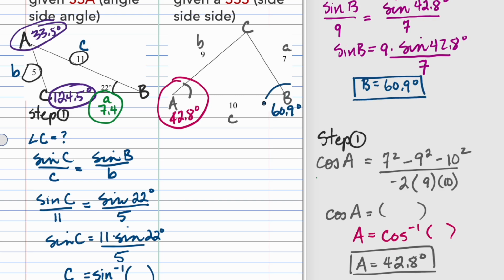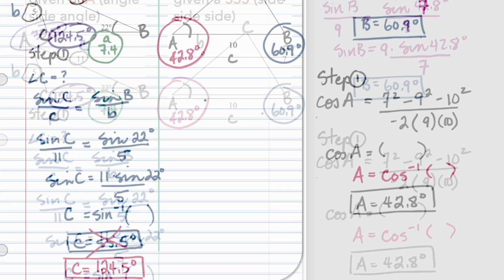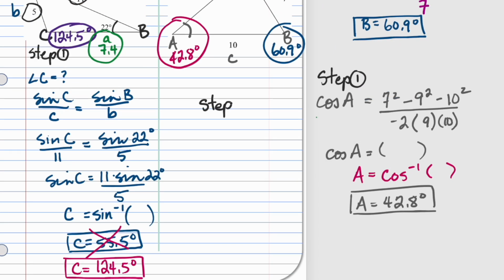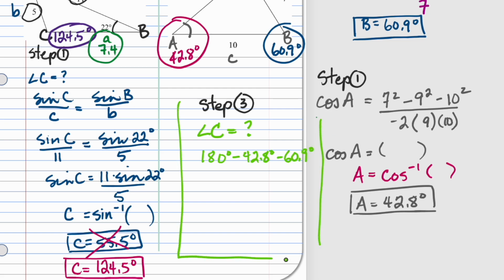60.9 degrees for B. Almost there. Now we just need to do step 3. We'll squish it in here. Step 3, third angle C is, we're not sure. It's going to be 180 degrees, subtract 42.8 degrees, subtract 60.9 degrees. Almost out of room. Maybe I'll box it off.